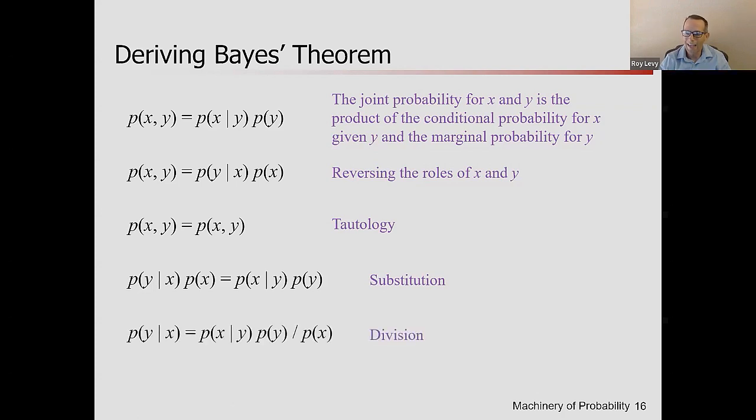Now, if I want to isolate the probability of y given x on the left-hand side, in order to do that, I have to divide both sides by the probability of x. So I can express this as saying the conditional probability of y given x is equal to the conditional probability of x given y multiplied by the marginal probability of y divided by the marginal probability of x.